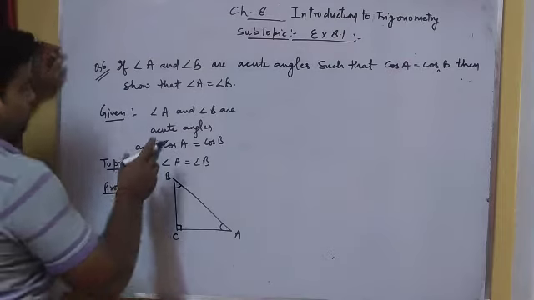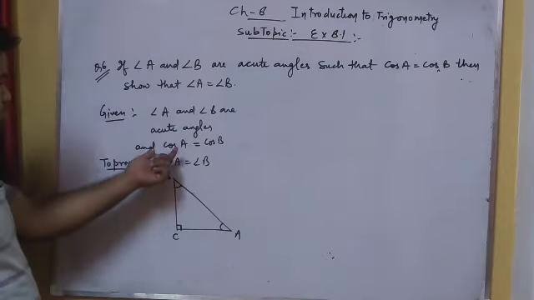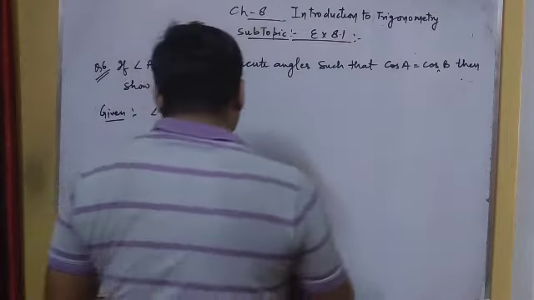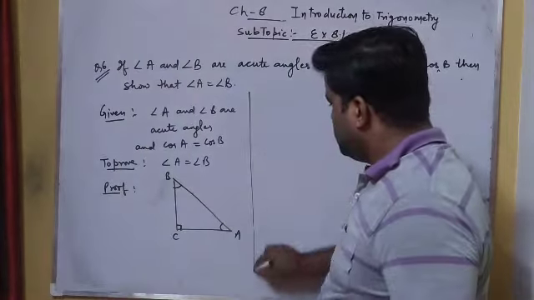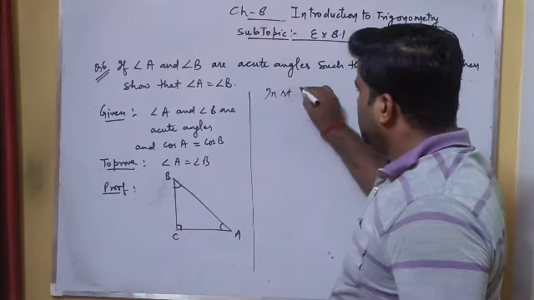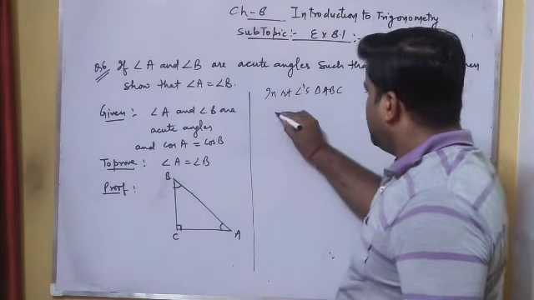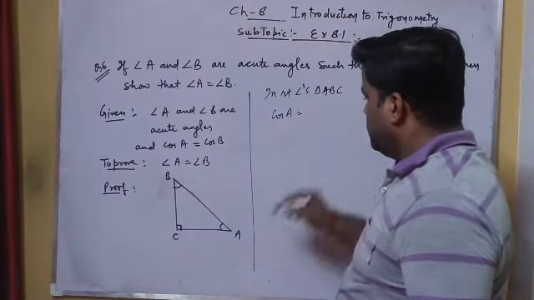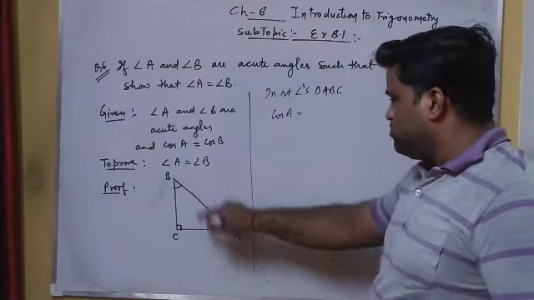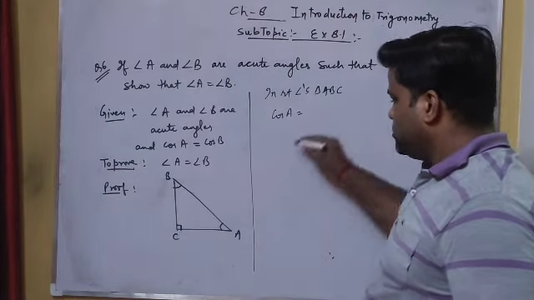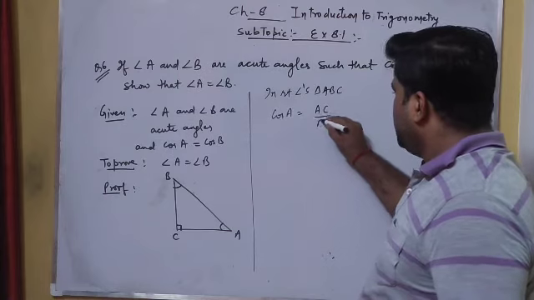First of all, we find the trigonometric ratios cos A and cos B from the figure. For this, in right angle triangle ABC, cos A is equal to base upon hypotenuse, so it is the base when we look at the angle A. So cos A is equal to AC upon AB.